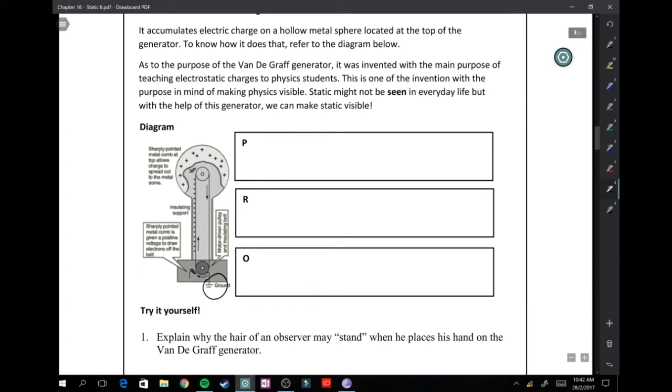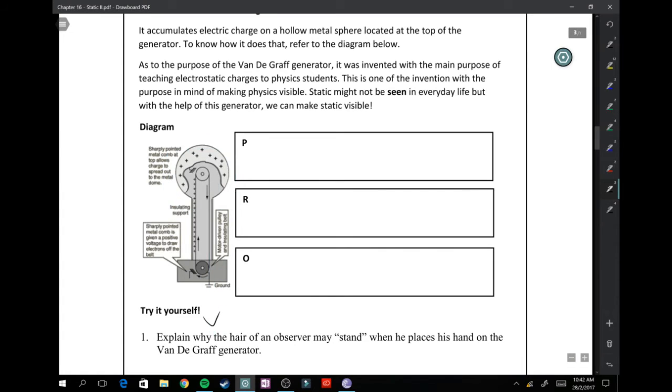You see the ground wire here, which brings charges to and fro, depending on what kind of model this is. Apparently, this is a positively charged model, so the ground will bring the negative charge from the sphere, if any, into the ground.